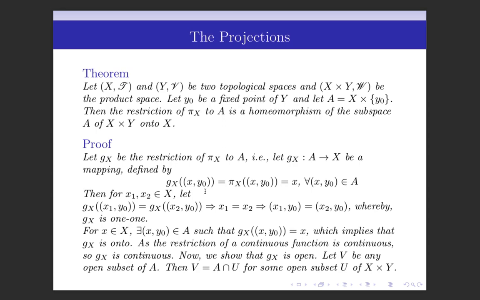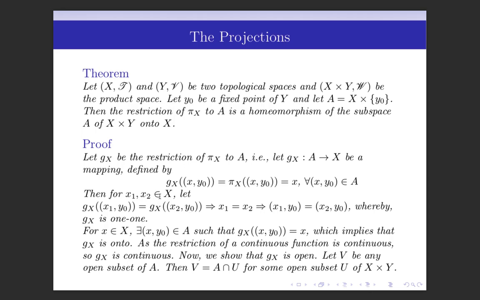And we have to prove that g_X is a homeomorphism. That is, we have to prove that g_X is one-one and onto, it is continuous, and it is an open mapping. For x₁, x₂ in X, let g_X(x₁, y₀) = g_X(x₂, y₀).